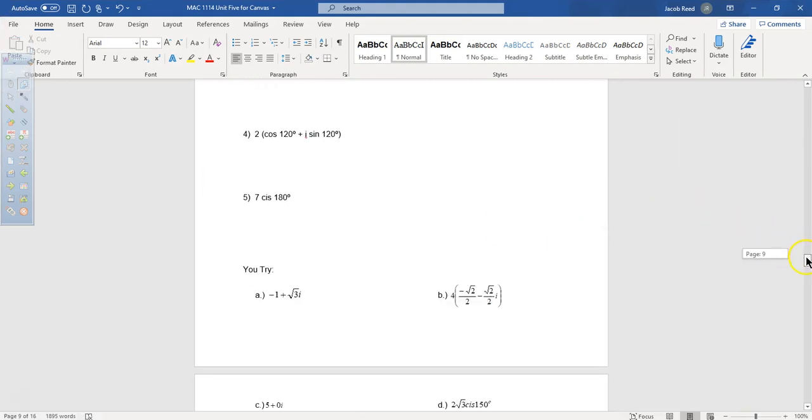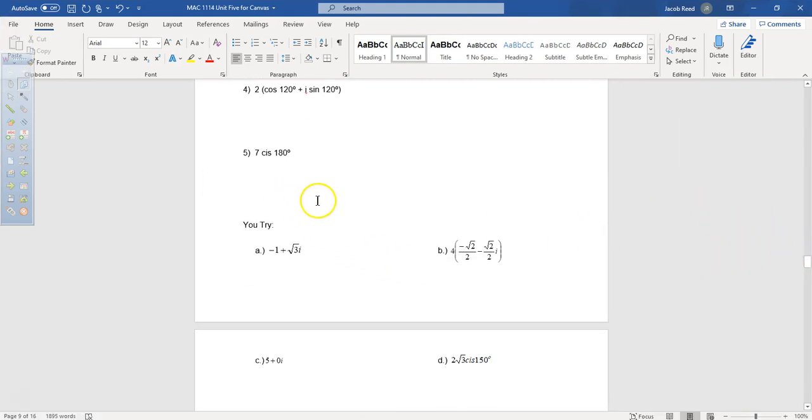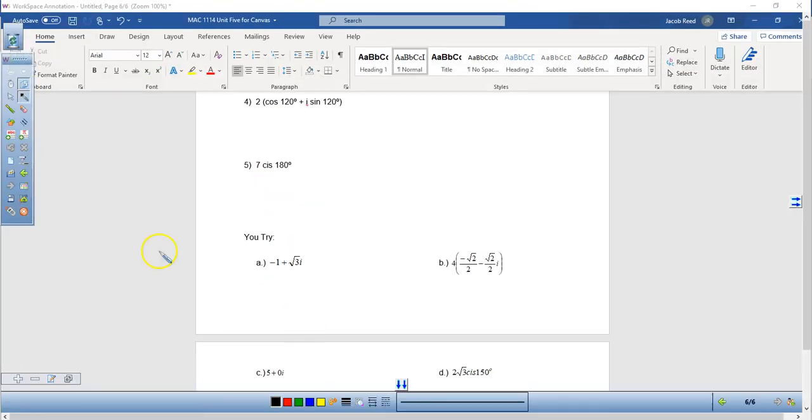Just to save us some time so you're not watching an hour-long video, which you might already be at this point. So, number 5 is 7 cosine 180 degrees plus i sine 180 degrees. So I need to convert to rectangular form. So we'll go ahead and expand. 7 times cosine of 180 degrees plus i times sine of 180 degrees.